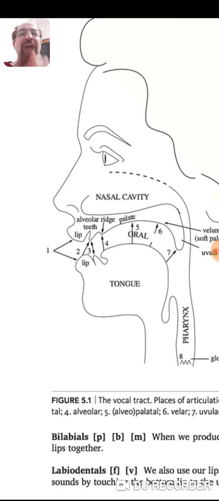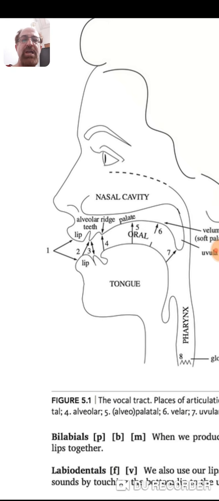If I go behind my upper teeth, that area is called the alveolar ridge. So where is the alveolar ridge? It's behind your upper teeth. We put the tongue there. Sometimes in English we produce the tongue there. For example, when we say t and d, we produce the sound at that area.